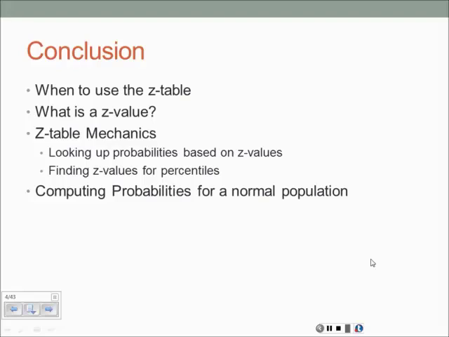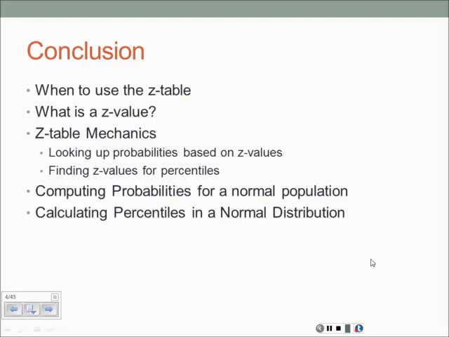Just draw the graph. Make sure you have it labeled correctly, in this case with x, mu, and sigma for a normal population. And then just shade in the area and compute the z-values and the probabilities. Percentiles, now you start with your population, and we're looking for whatever, the 80th percentile or whatever. And in that section, we just went through those calculations.